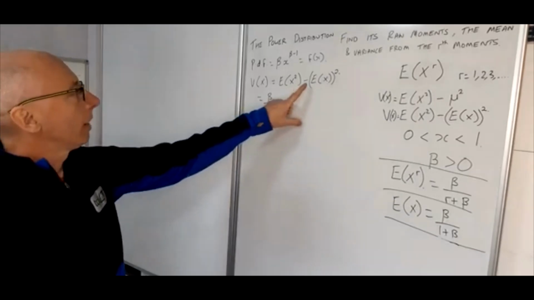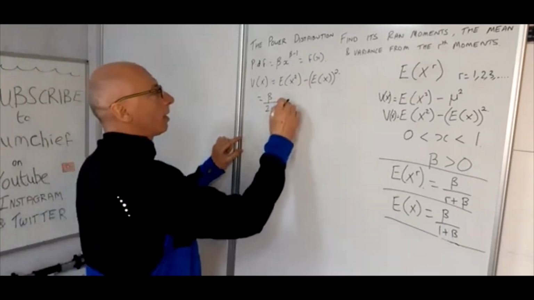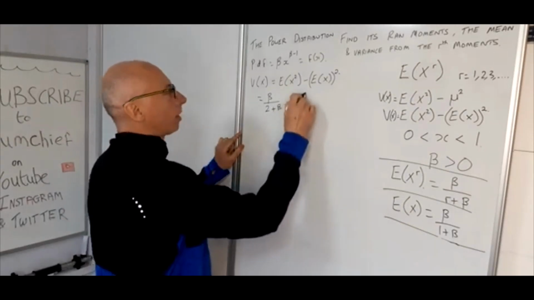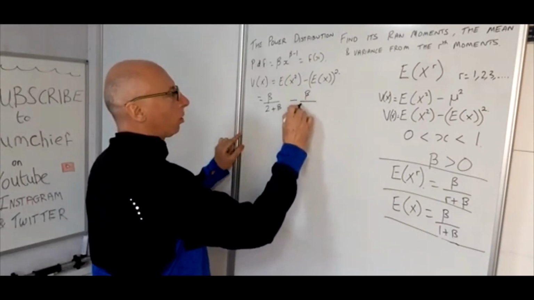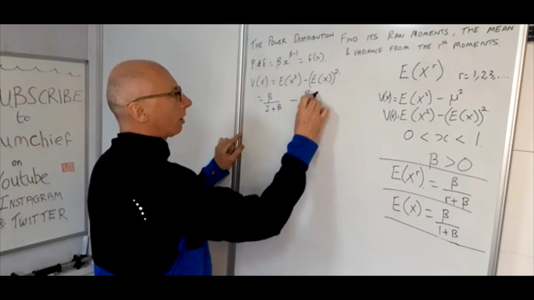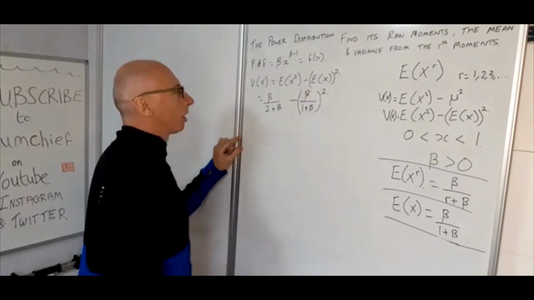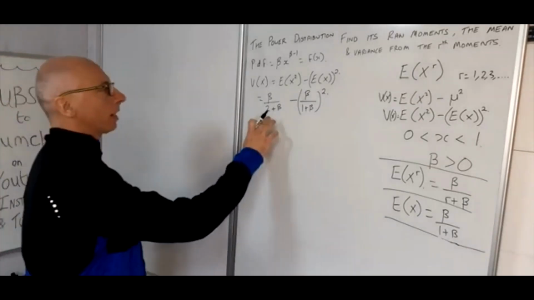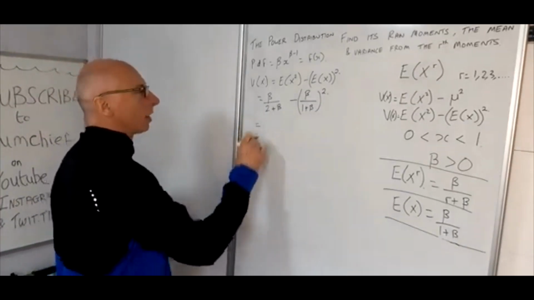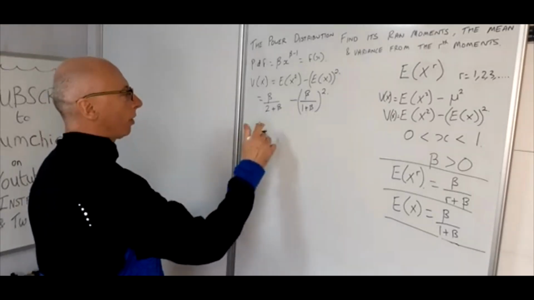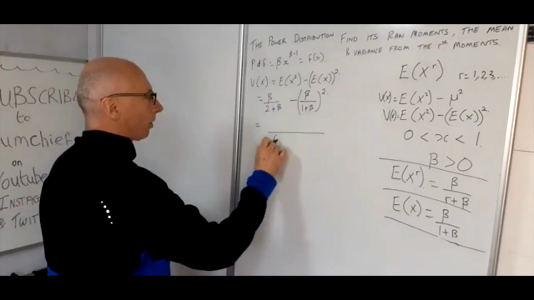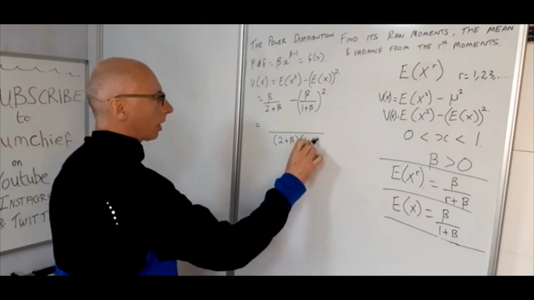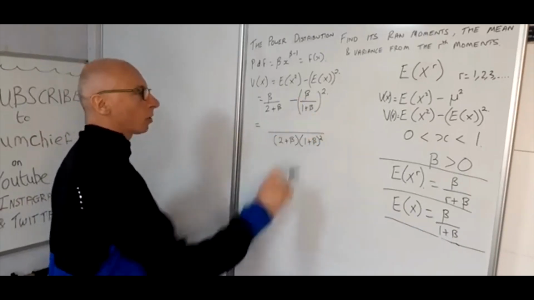And then we just subtract this one squared. Beta over 1 plus beta, and all this term is going to be squared. Okay, let's simplify this off. So if you make this into one fraction, so we're left with 2 plus beta and 1 plus beta squared. Obviously this term is squared.